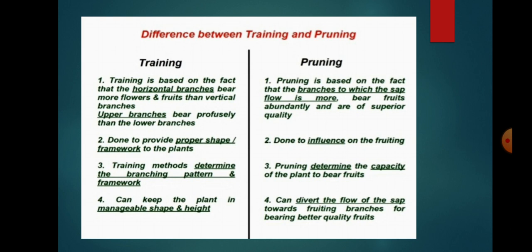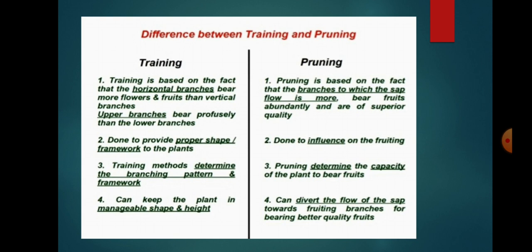The training method determines the branching pattern and framework of the plant, whether it is round or vertical, or different shapes can be attained using training. Pruning determines the capacity of the plant to bear fruits. Training can keep the plant in a manageable shape and height.